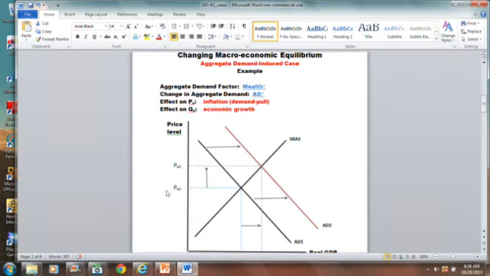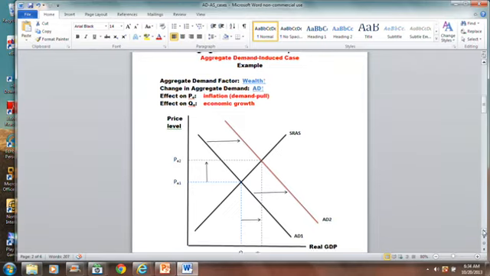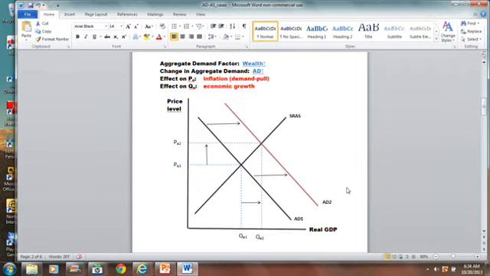Our equilibrium price level will go up, and the equilibrium level of real GDP will also increase. So here you have a combination of higher price level, which will give us inflation, coupled with a higher level of real GDP, which gives us economic growth.